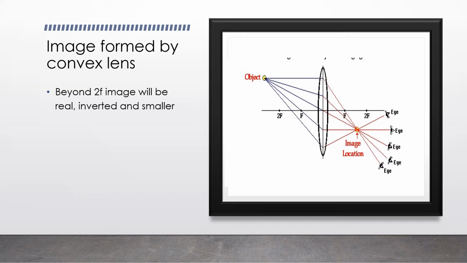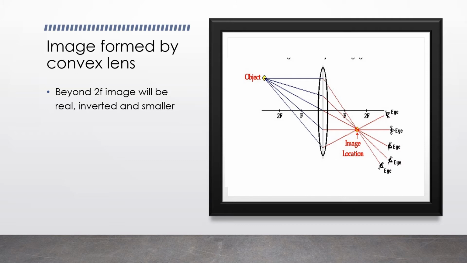First of all, I am placing my object beyond 2f. If I place my object beyond 2f, then our image will be formed. On the right-hand side you can see there are numerous eyes watching the image location. You can see it anywhere, the same object you will see, but it will form a real inverted image.